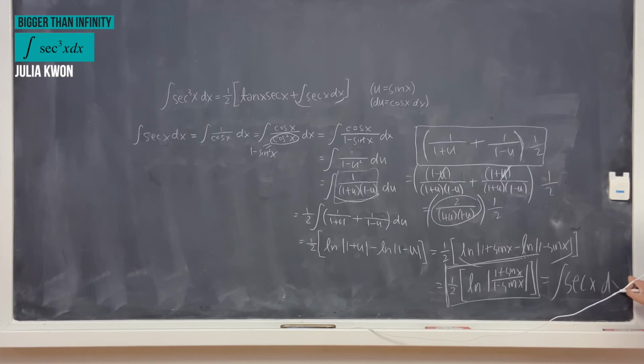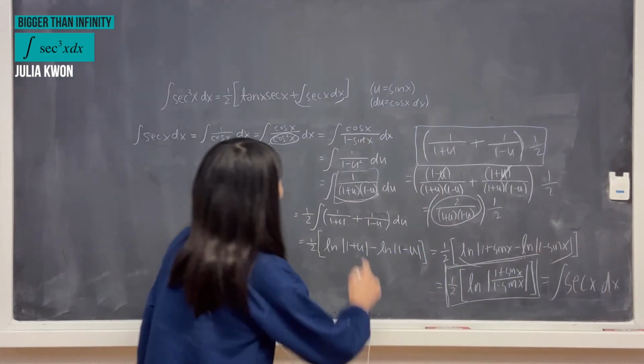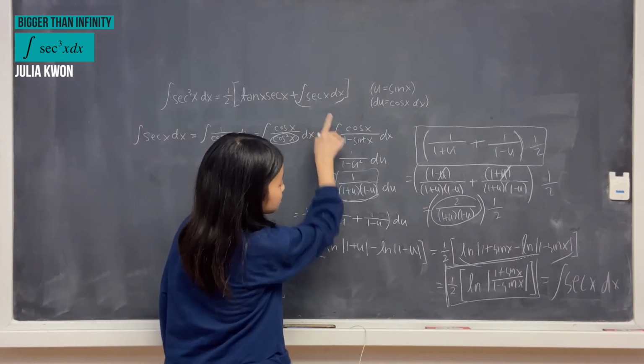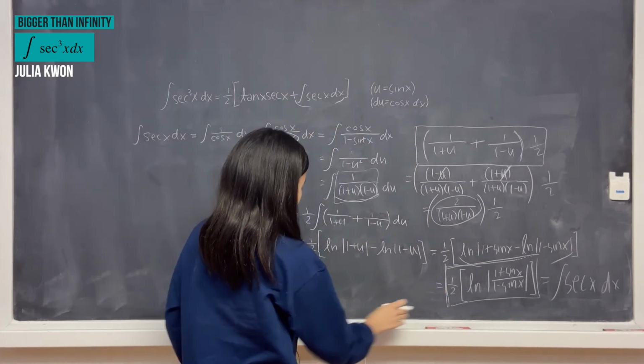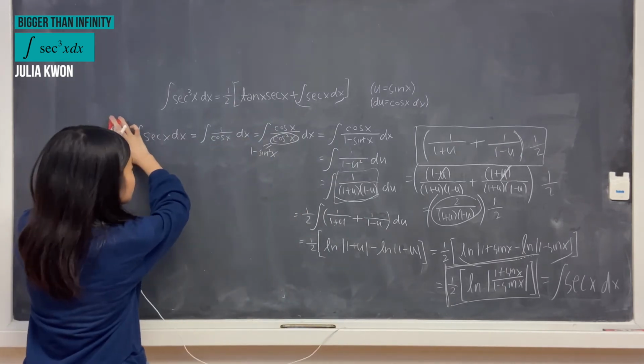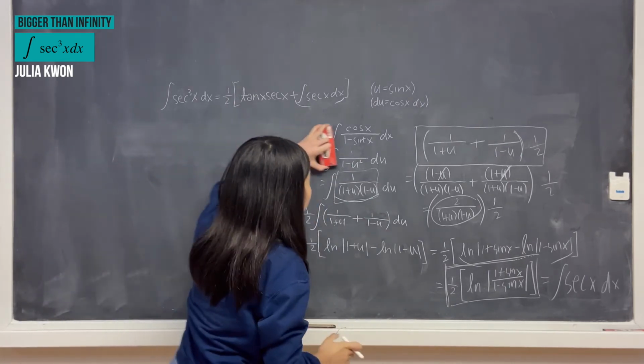And now we can just replace the integral of absolute value of secant x dx with what we just got. So let me just erase that part.